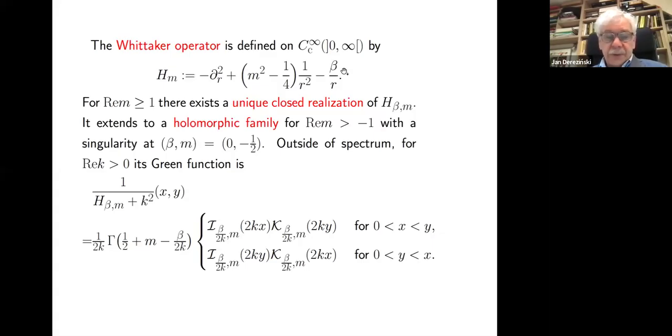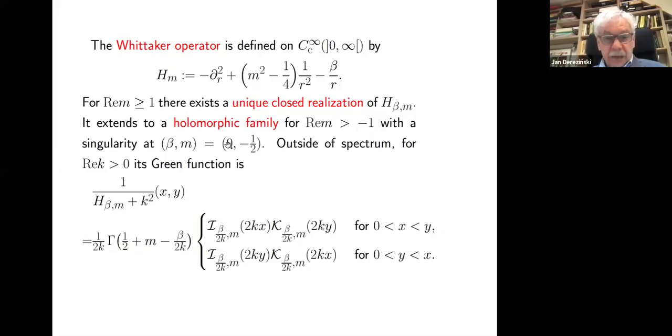The theory of this Hamiltonian is very similar to the Bessel Hamiltonian. Again, for m greater than 1, there exists a unique closed realization, and it extends to a holomorphic family for the real part of m greater than -1. Now, there is actually a funny new phenomenon, which is a singularity at 0, -1/2.